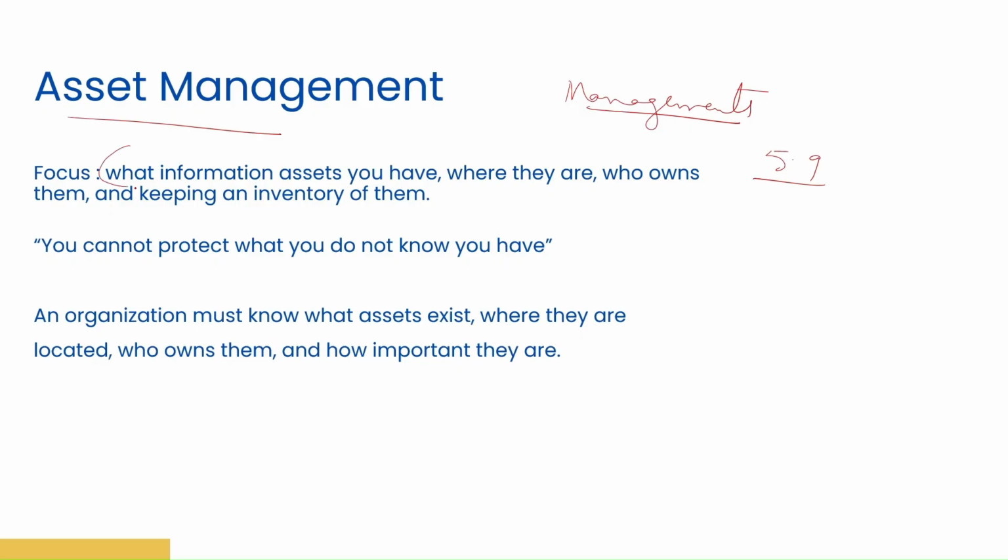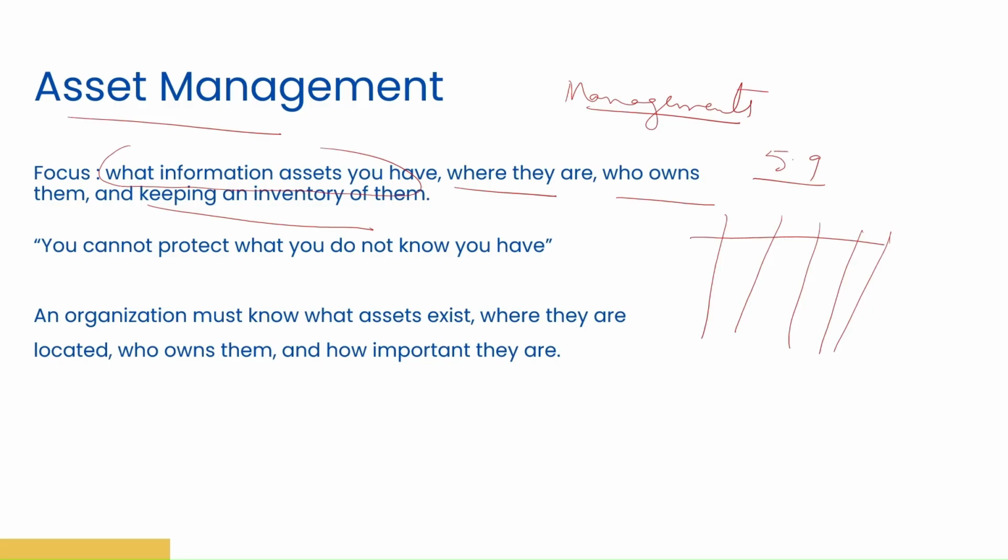Okay, just make a list of all the information assets that you have, where they are, who owns them, and keeping an inventory of them. So, inventory is nothing but a list or maybe an Excel sheet or maybe any file, maybe a file in a SharePoint or whatever.